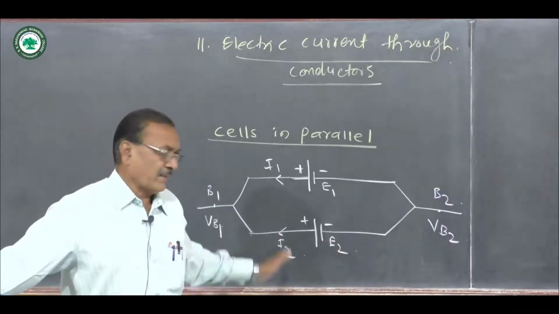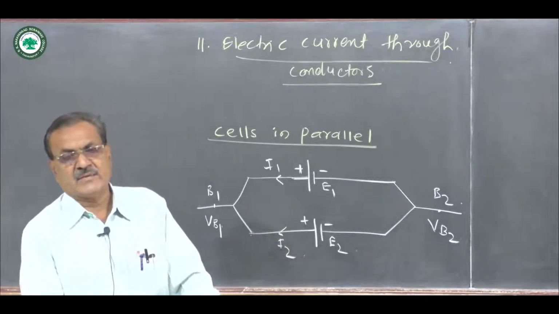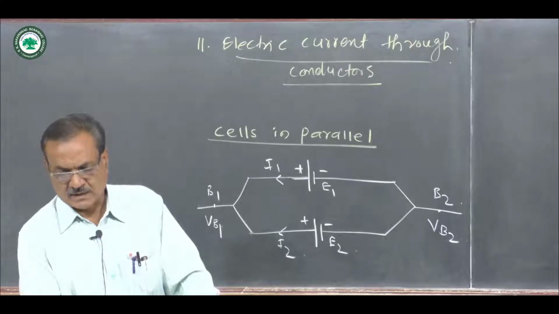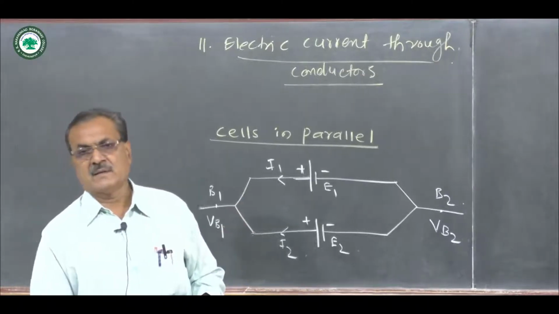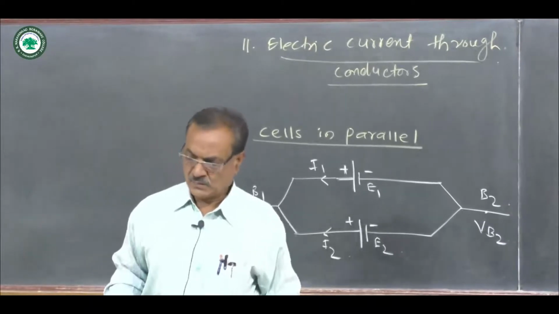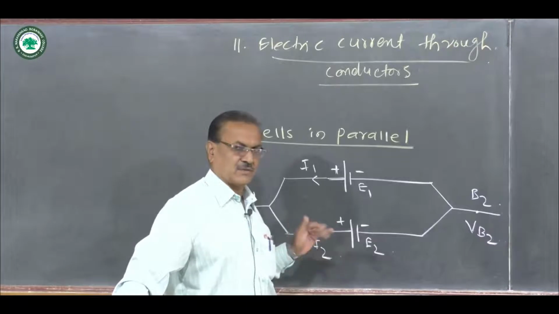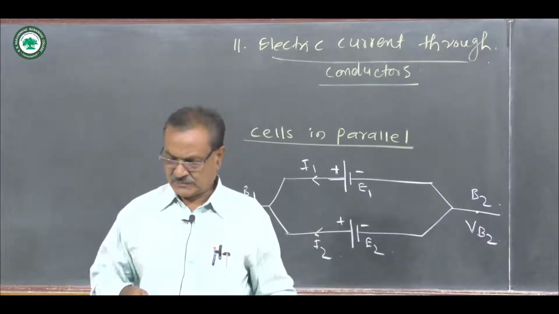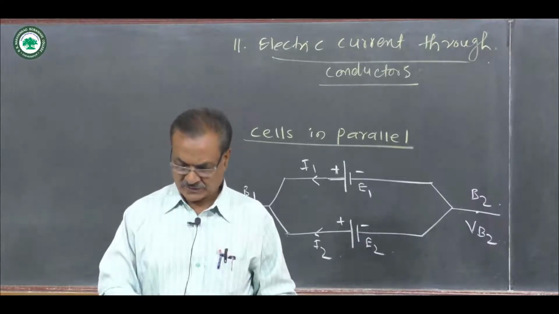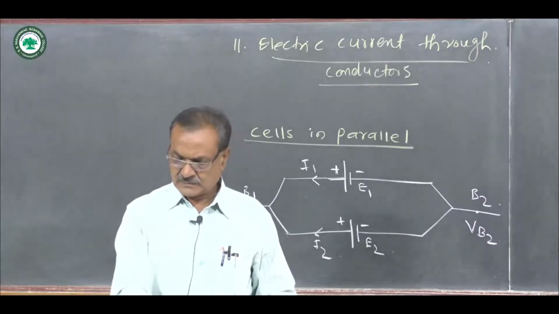In a parallel connection, the current is divided among the branches, that is, I1 and I2 are flowing through each of the branches. Then a potential difference is also developed across it.